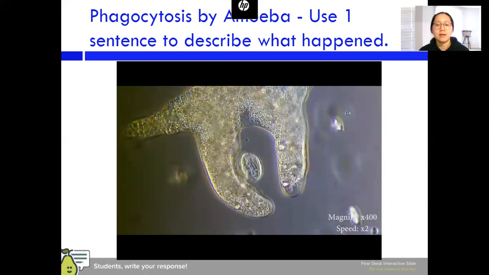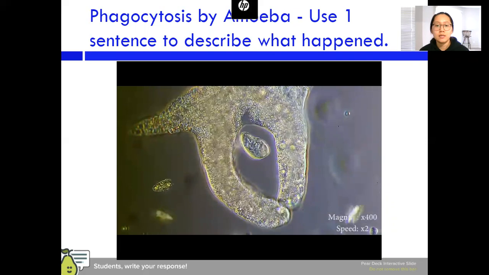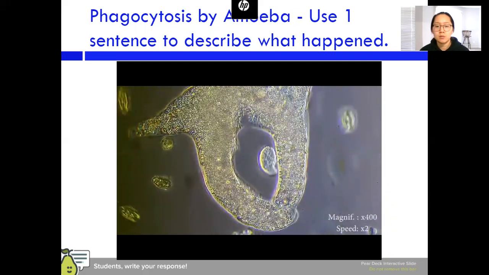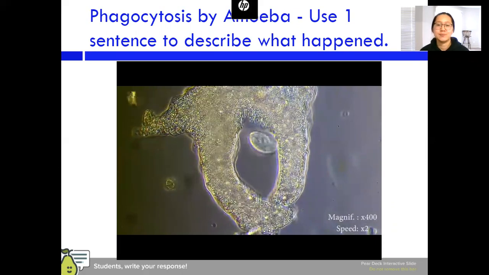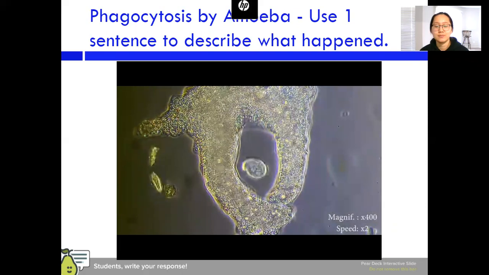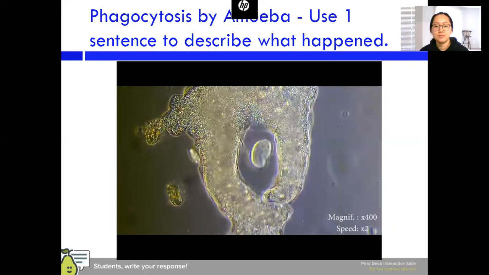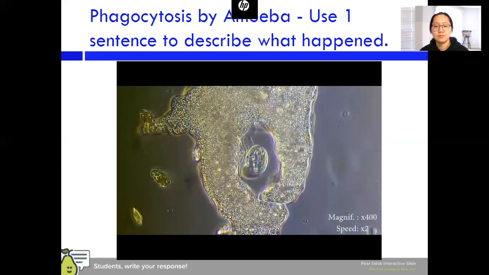So this big blob on the outside is an amoeba. And the little thing is a little paramecium, a single-celled organism, that the amoeba is going to be doing something to.